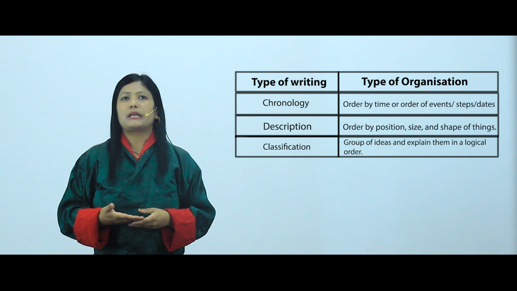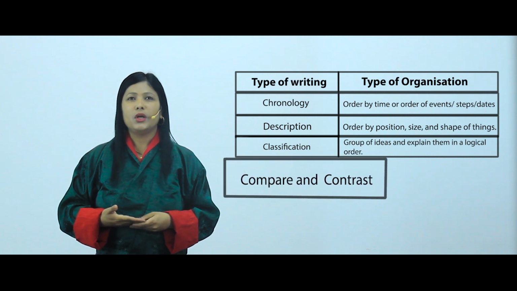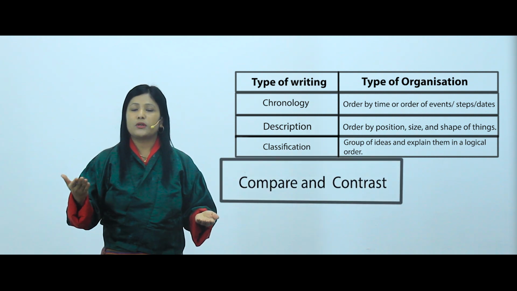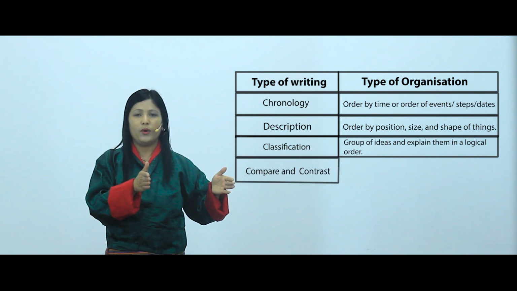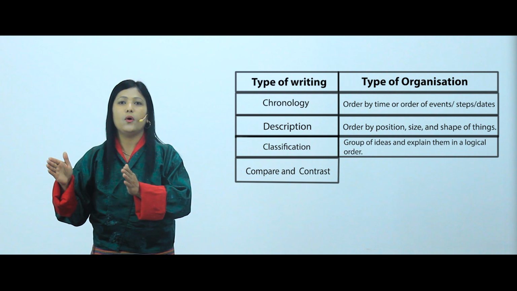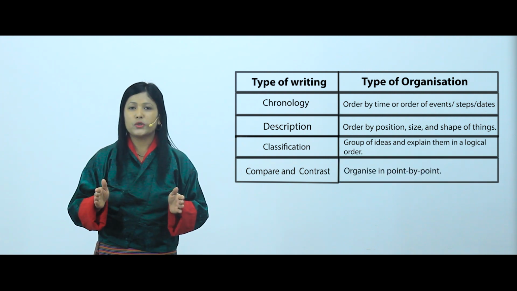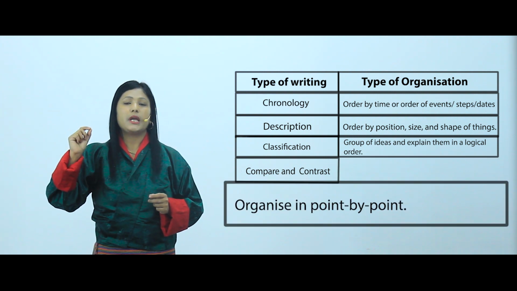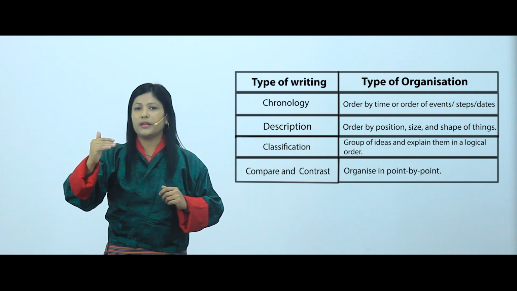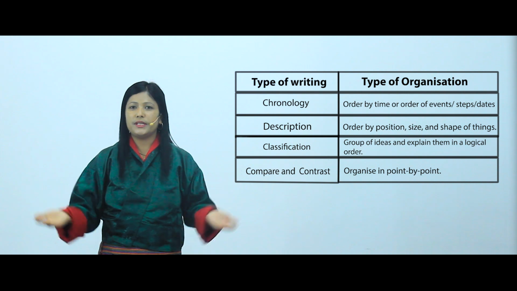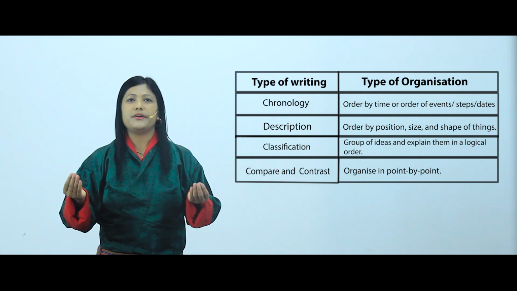Then next we have comparison and contrast. Whenever you are writing about comparison and contrast in a paragraph, have the similar things on one side and the differences on the other hand. Also, you have to remember to keep it point-wise. So you have to use the first point, the second one and the third one. This will make your writing very beautiful.